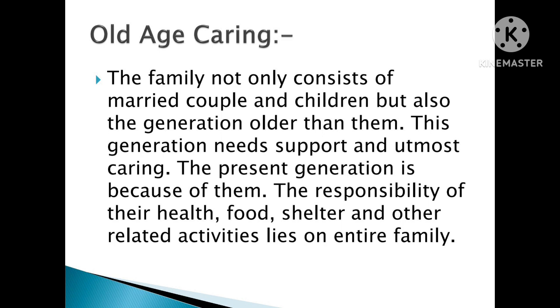A family not only consists of married couple and children, but also the generation older than them, our grandpa and our grandma. We used to live in a joint family like 25, 30 years before, where a family may consist of lots of people like father, mother, uncle, brother, sister, nephew, niece.